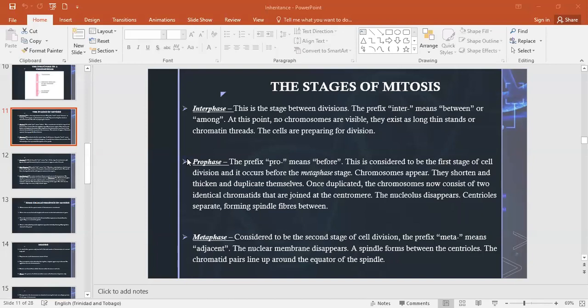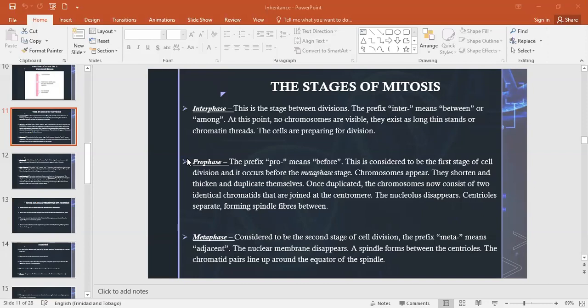And the spindle fibers now are actually attached to each of the chromatid pairs. So they're attached to the spindle from the middle. Think about it like a little umbilical cord, just being attached to the center of the chromatid.